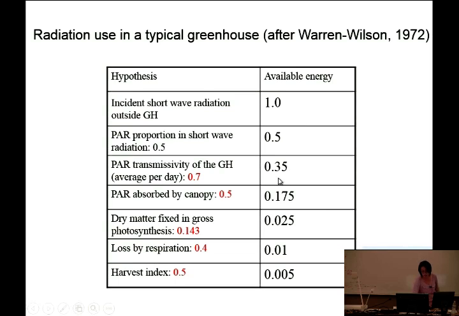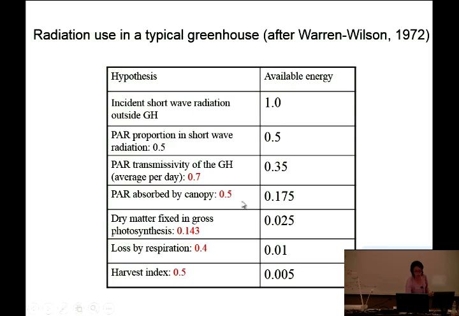Okay, and then the next step is finding out the percentage of that incoming PAR absorbed by the canopy. So the amount of light is coming now into the greenhouse, and then maybe you have a walkway, maybe you have a not fully developed canopy, so that not all the PAR, photosynthetic active radiation, is used or received by the plants.